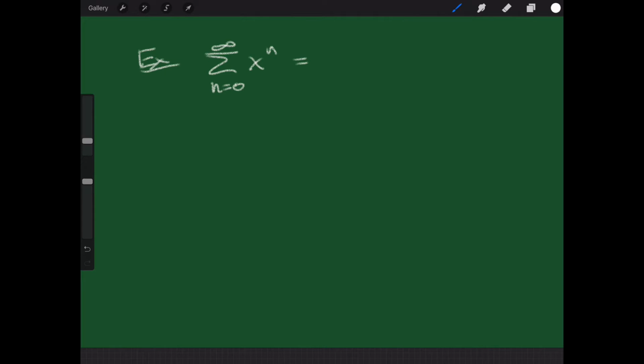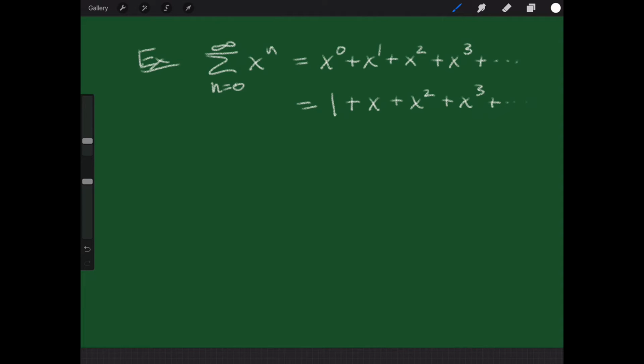And so we get x to the 0 power plus x to the first plus x squared plus x cubed plus and so on. And if we were to simplify that down a little bit, we could just write it as 1 plus x plus x squared plus x cubed plus and so on.